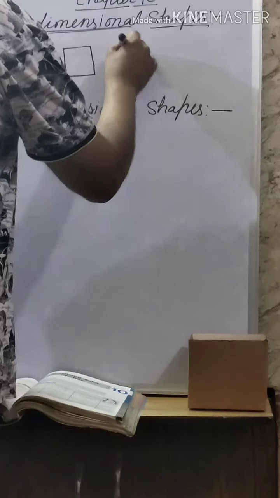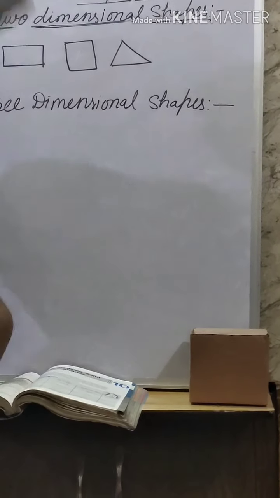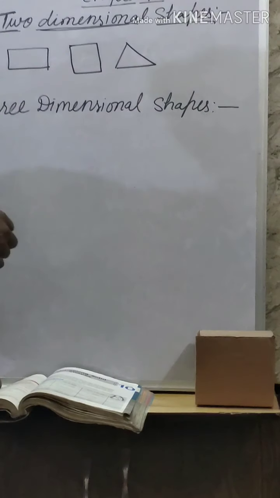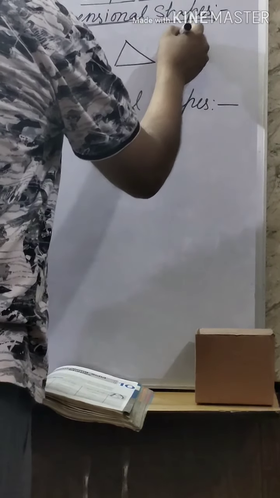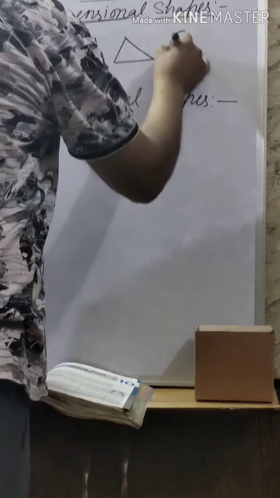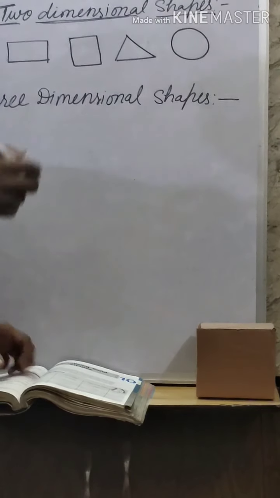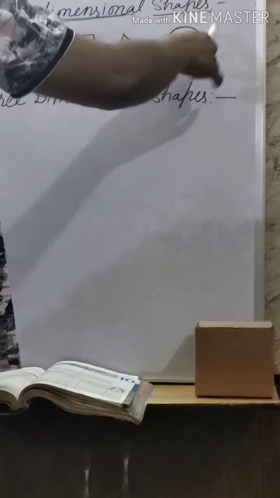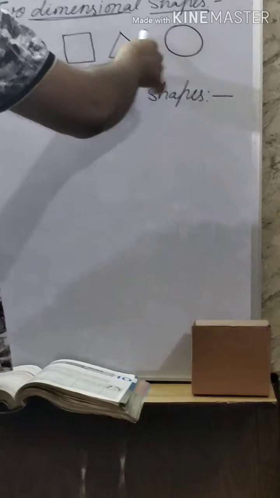One or two more you can take. You can take a triangle. Triangle also is a plane figure. Circle also is a plane figure. These plane figures divide the plane into three parts.